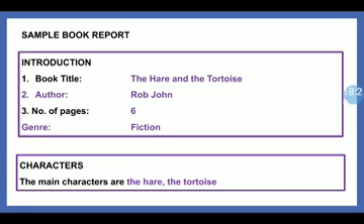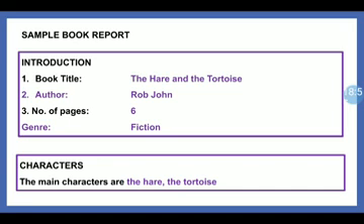Hope you enjoyed that story. Now we are going to be breaking down the story by writing our book report. So in your introduction, we generally have the title of the story, the author, how many pages, and the genre.